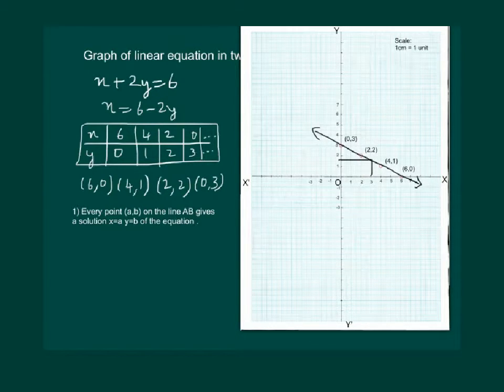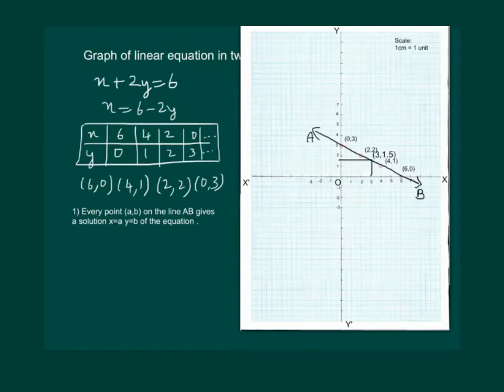To check our statement, say we draw a perpendicular on the line AB from x equal to 3 and also from this point on the y-axis, and find the coordinates of the point where it is intersecting the line.